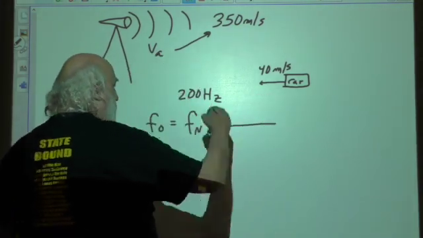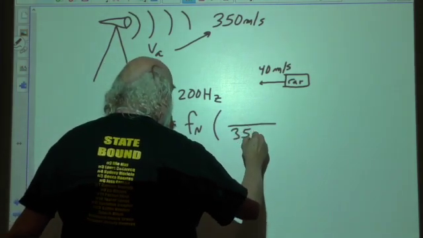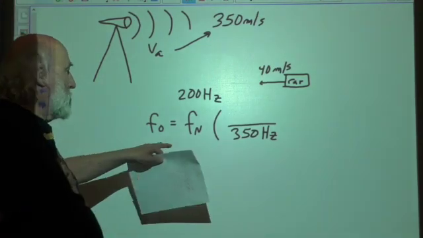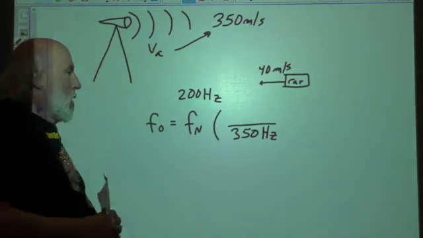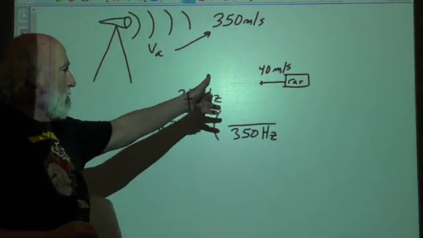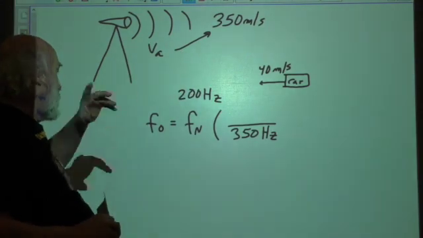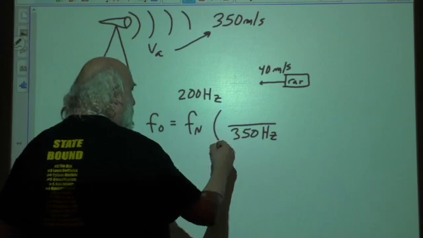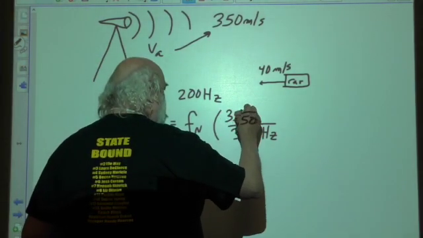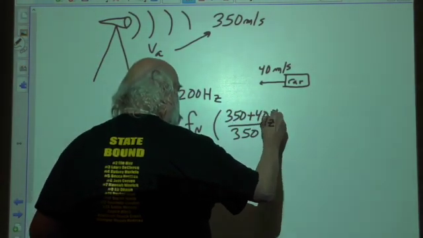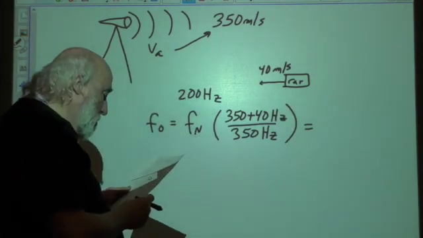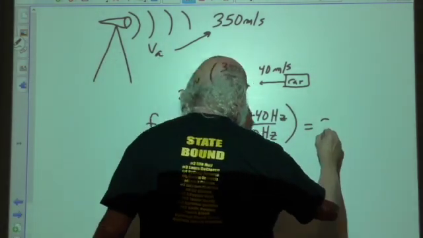So the fraction is going to be reversed. So this is going to be 350 down here. And since we know that the observer is going to hear a higher frequency, the addition is going to occur on top. So we get a larger number, 350 plus 40. And when we do this, we get 223 hertz.